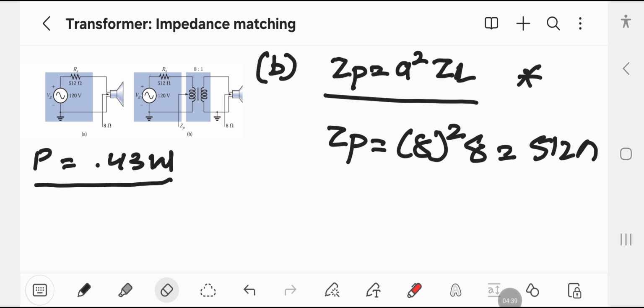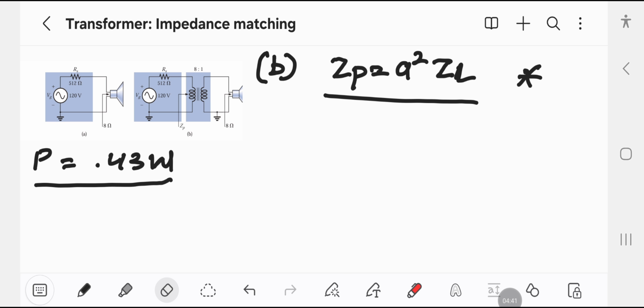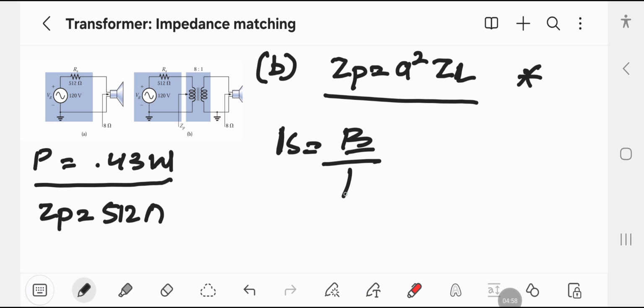Now we have found the primary impedance. To find the source current, we simply use the same formula with the total resistance.